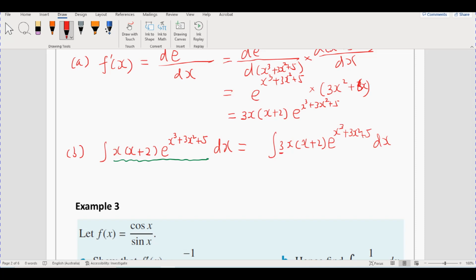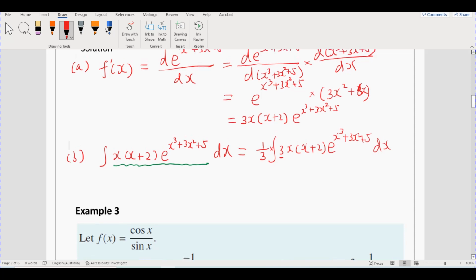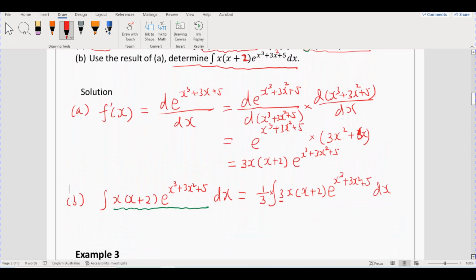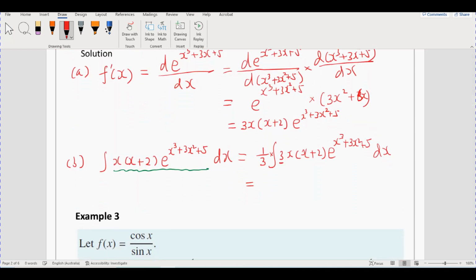So I better cancel that 3 out by writing a 1/3 out of it. That's 1/3 times 3, which means 1 actually. But after I write that 3 in the integrand, you see that looks identical to the derivative, and that's what I'm going to do. So I'm going to do that as 1/3 integration.